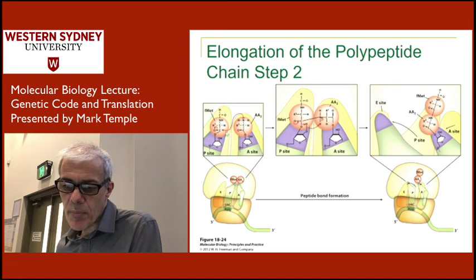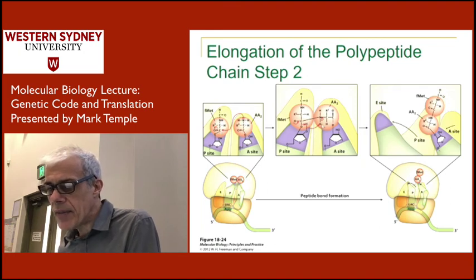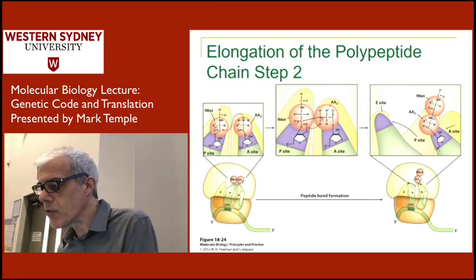You've got your carboxy terminal, you've got a carboxy group of one amino acid here, and you've got the amine group of the other amino acid, and you get a condensation reaction between the two. The N group attacks the group here, and then that forms this bond, and then you lose the hydrogens. So effectively, you get the formation of this NH-CO bond here, which is a polypeptide bond between two adjacent amino acids.